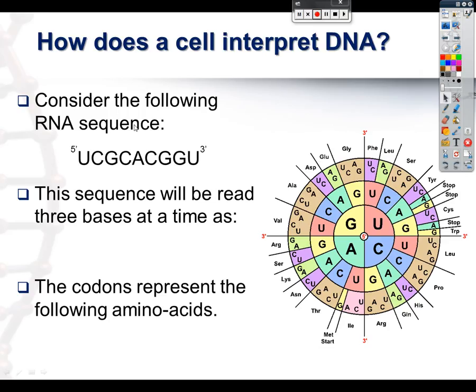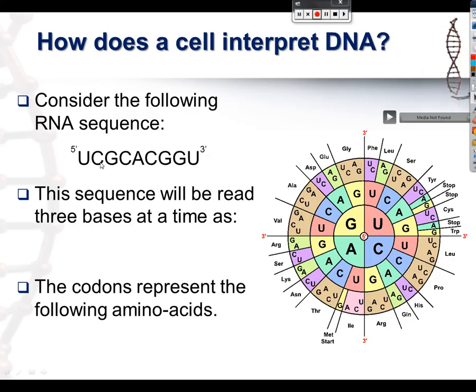So now look at this following RNA sequence. When you look at this, we're going to break this up into groups of 3. So this sequence here would actually appear like this.